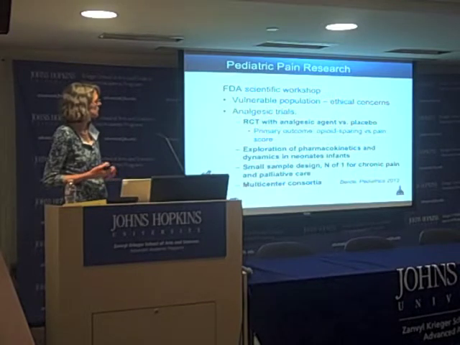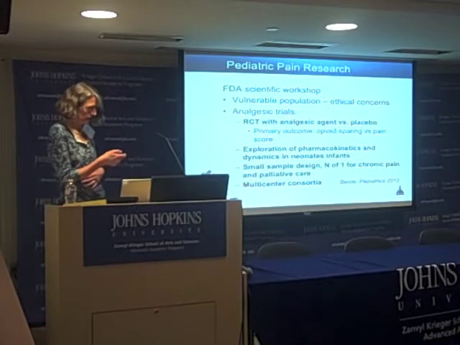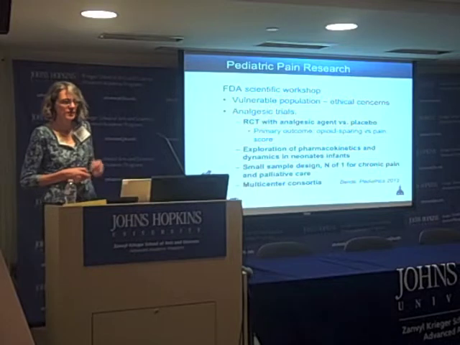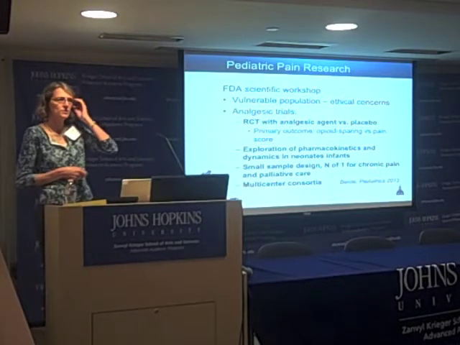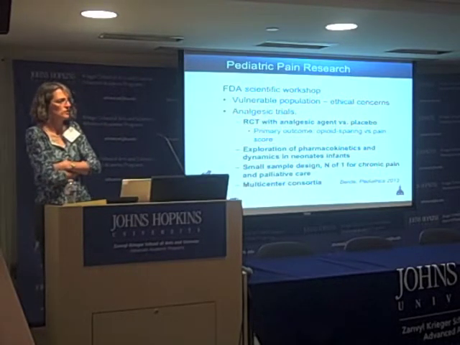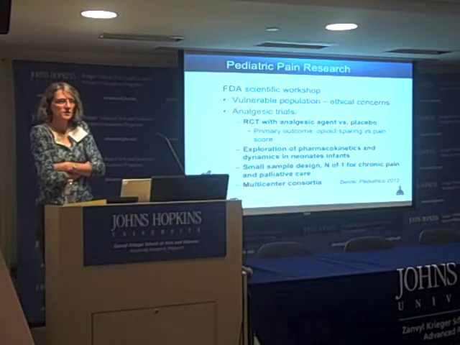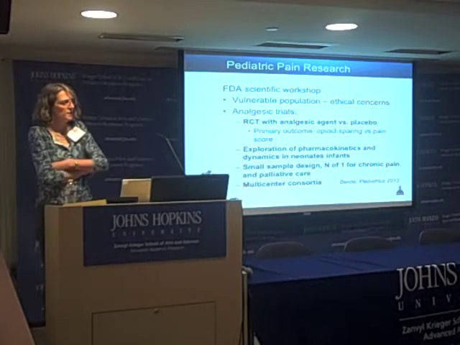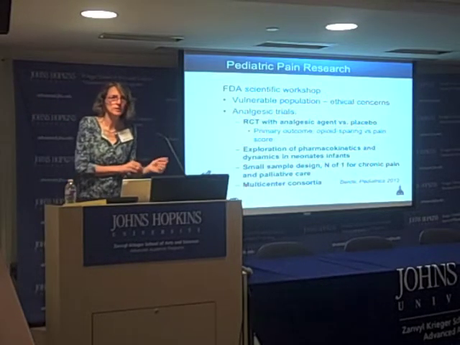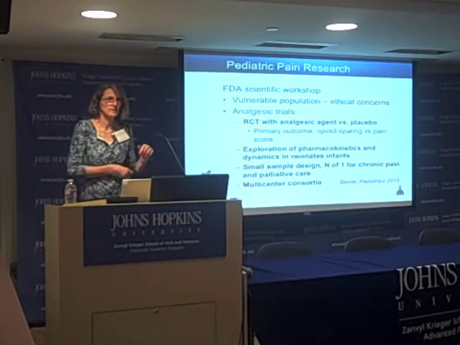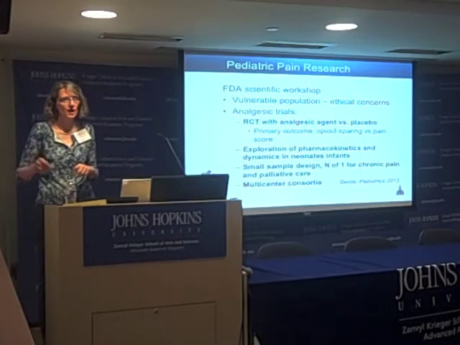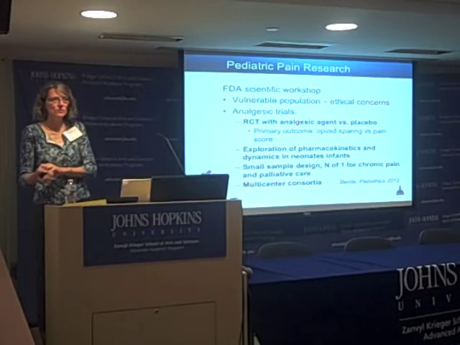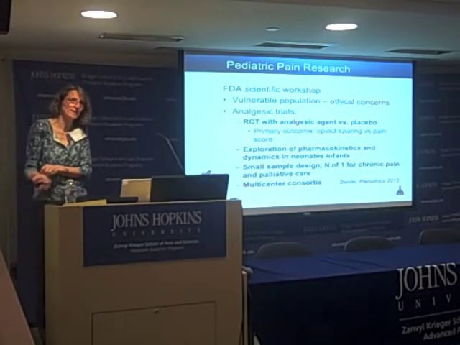Pediatric pain research. With the FDA, it's a little harder. Children are considered a vulnerable population, so it's a little harder to sign them up. On adults, you can do a pain study and you can say, okay, it will burn a little bit. With, say, a 6-year-old, you can't really sign up your child and say, okay, it will be just a little bit of pain.